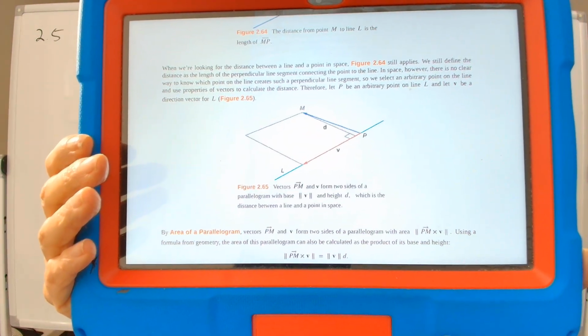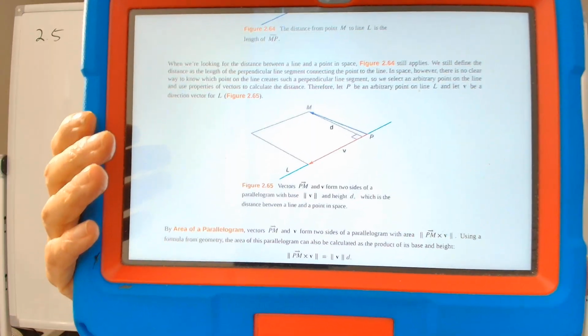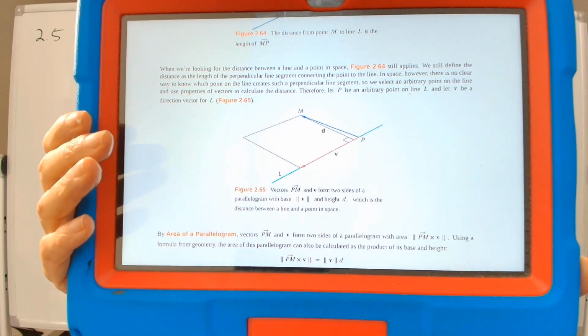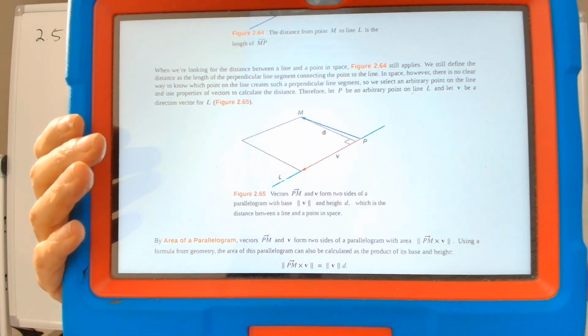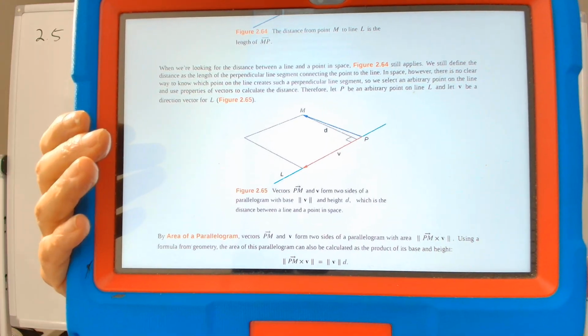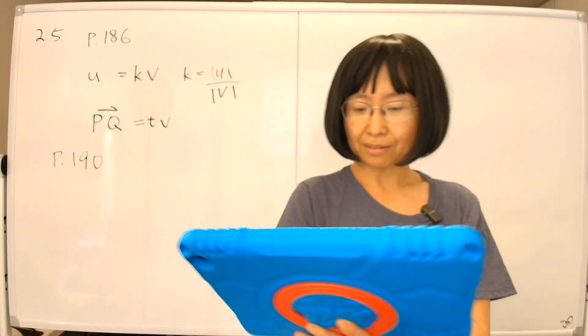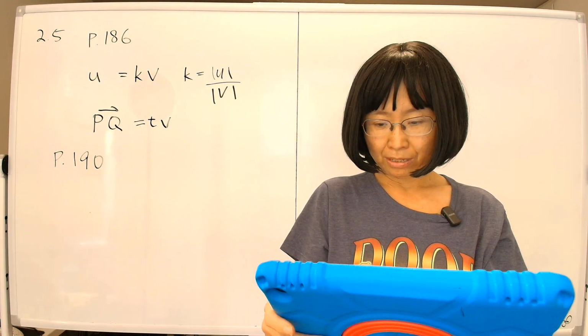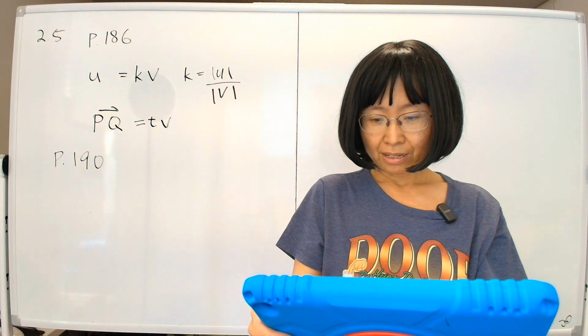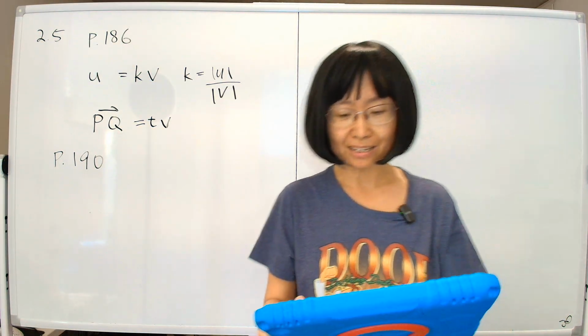Doesn't matter how long it is. And then we're going to similarly make a vector from P to our point M. And then we're going to take, what is this? Cross product, no?